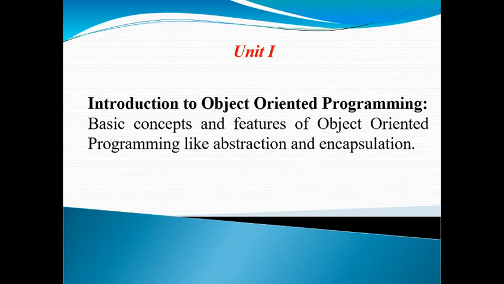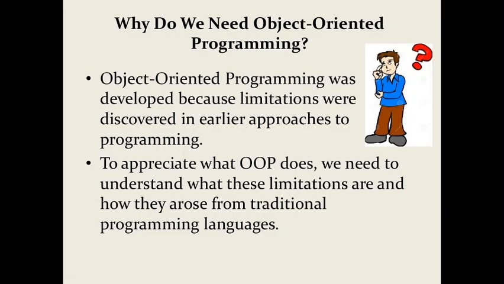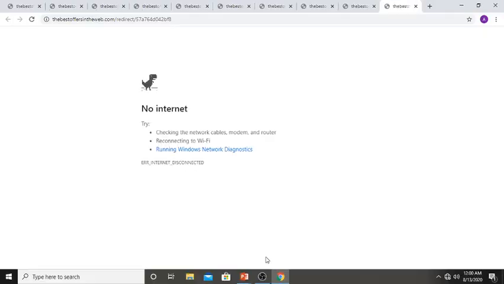If you ask why we should learn the object oriented programming language, the obvious answer is that there are certain limitations, certain drawbacks, certain lacunas with the earlier approach, and that is the reason we should learn it. The question is, why do we need the object oriented programming language?